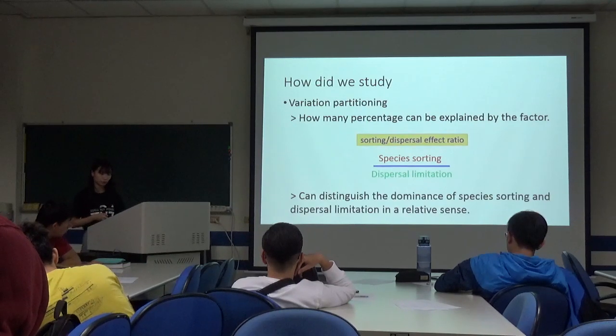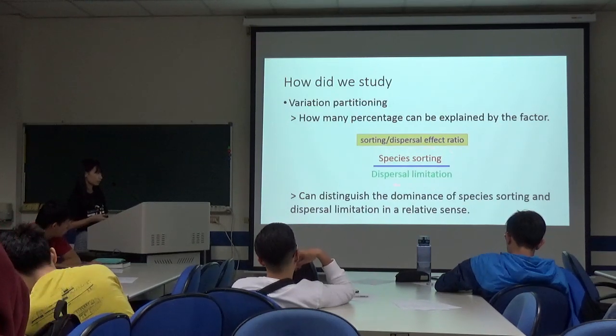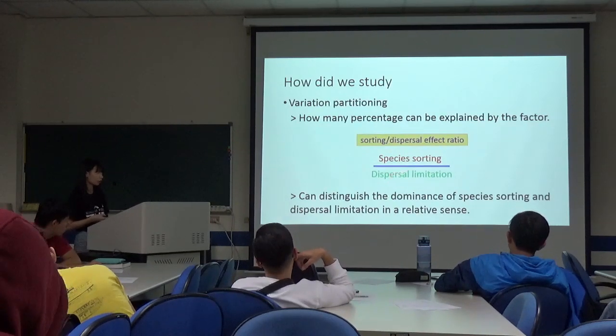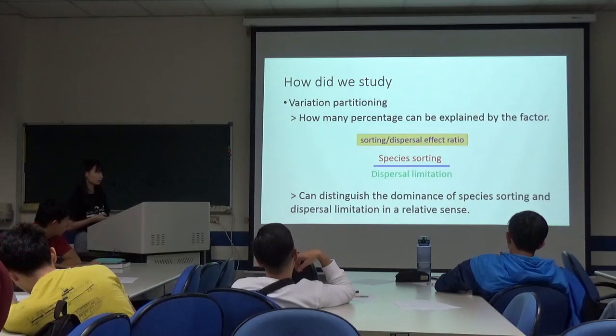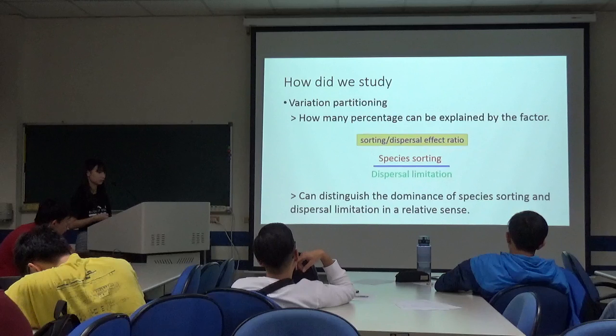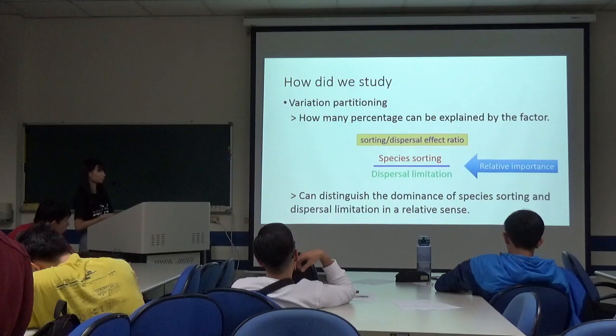Why do we use a ratio? Because it can distinguish the dominance of species sorting and dispersal limitation in a relative sense. So if you get a higher ratio, that means your community is more dominated by species sorting. When you get a lower ratio, that means your community is more dominated by dispersal limitation. So this is a relative importance way to see it.